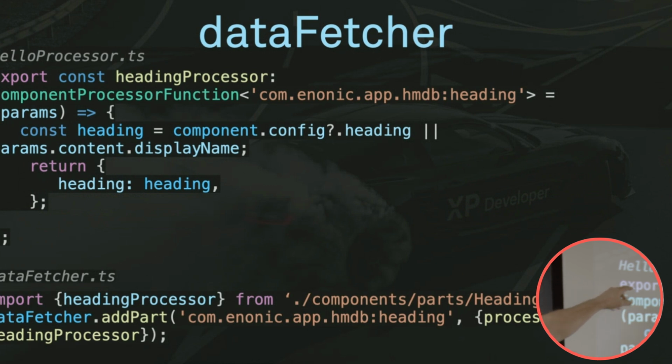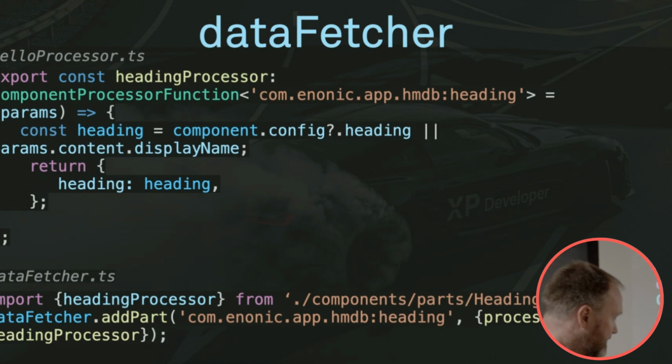And as you can see, it just defines this and does a simple get data from this component, get the heading, and the display name if that exists, and then returns a value. So it sends the heading. And that's the actual data fetcher.